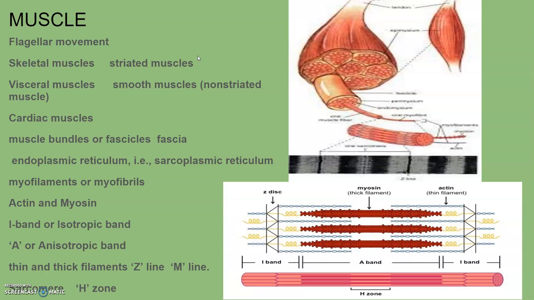We know that organisms derive their structures from three germinal layers, so that is why they are called triploblastic organisms. So through the mesodermal layer we know that these muscles originate.